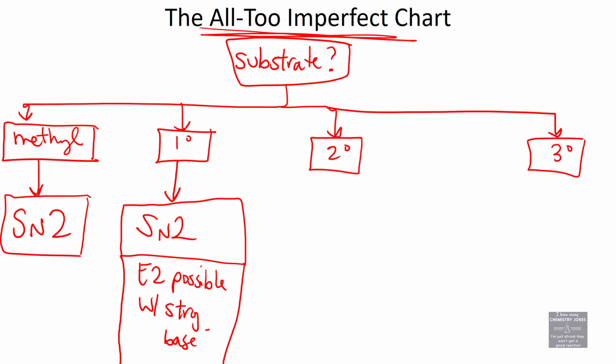Okay. We said secondary, everything is possible, so I'm gonna skip that for a minute. We're gonna go over here to tertiary. Tertiary SN2 was not possible. We said E2, SN1, and E1 were all possible. How do you decide between those? You ask a second question. Do I have a strong base?